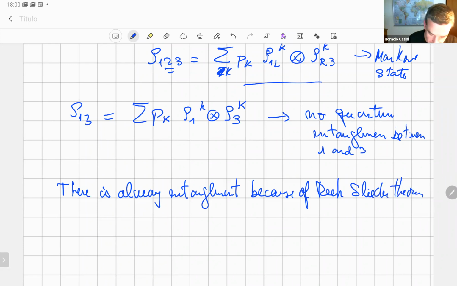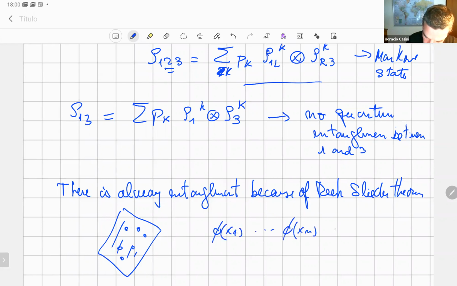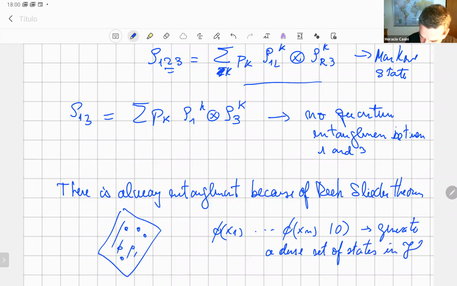What this theorem tells us is that if you have some region with some volume in space-time, and you apply field operators phi(x1) ... phi(xn) to the vacuum, it will generate a dense set of states in the Hilbert space.